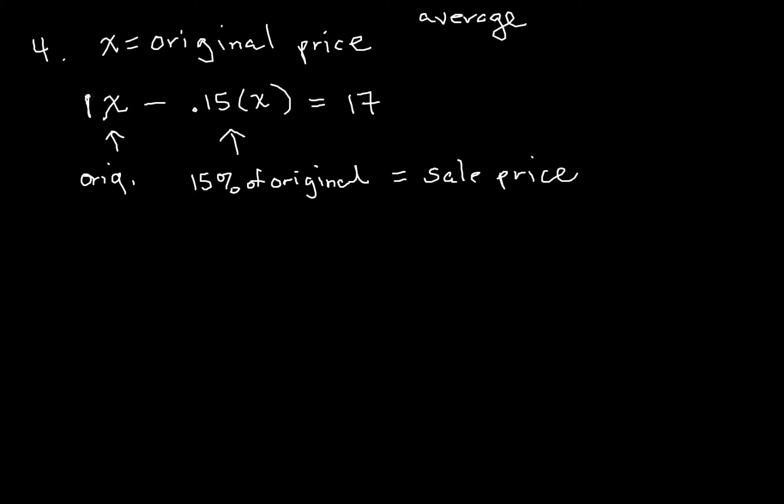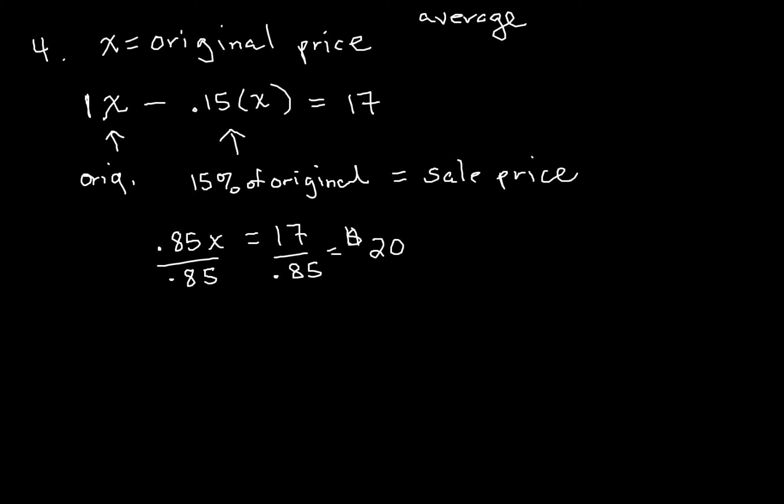So this is a 1 in front of here, so you're going to get 1 minus 0.15x is 0.85x equals 17. Divide by 0.85. Put that in your calculator, 17 divided by 0.85, and we're going to get the original price was $20. So let's work backwards.